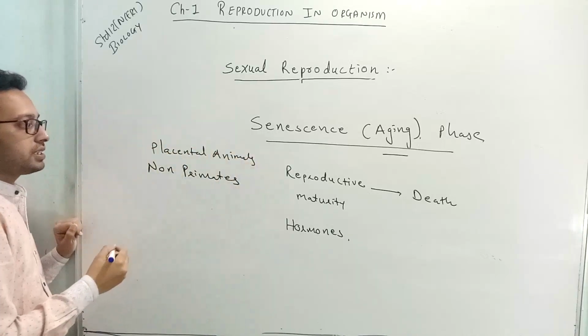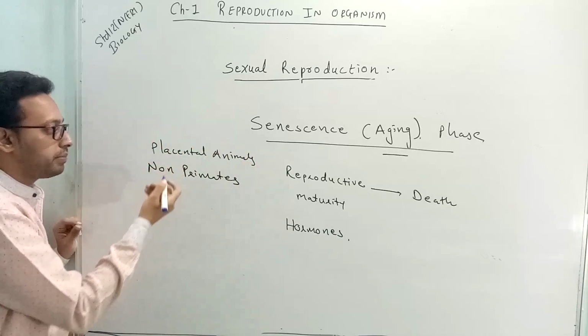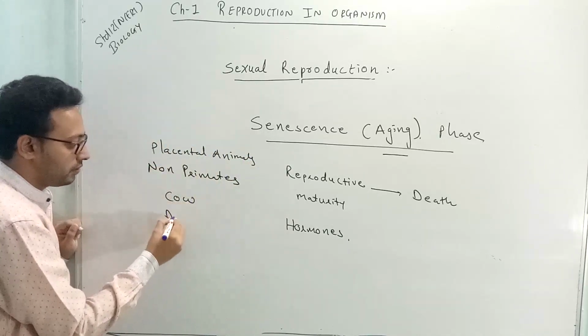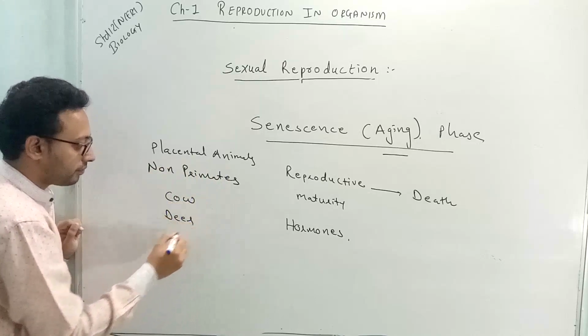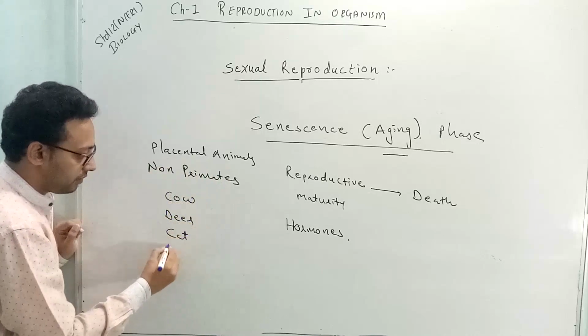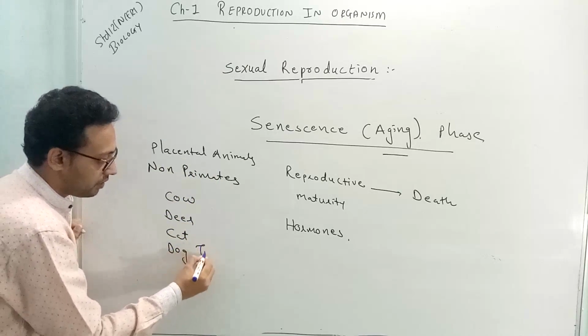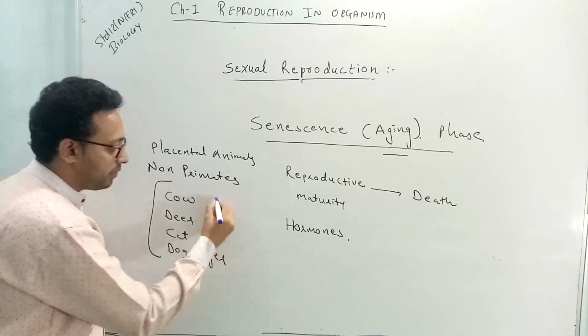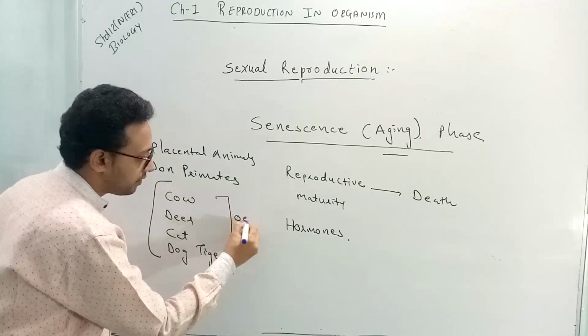So the changes occur in non-primates. Examples of these non-primates are cow, deer, cat, dog, tiger. So the cyclical changes that occur in these animals are called the estrus cycle.